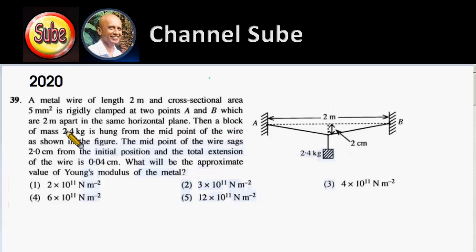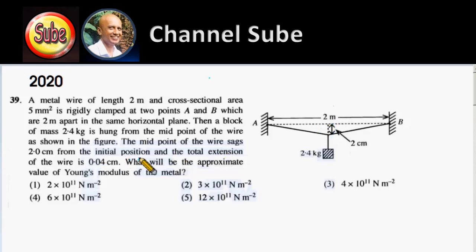Then a block of mass 2.4 kilogram is hung from the midpoint of the wire as shown in the figure. So this mass is hung at the middle. The midpoint of the wire sags 2.0 centimeter.